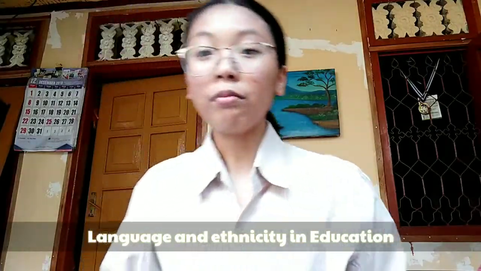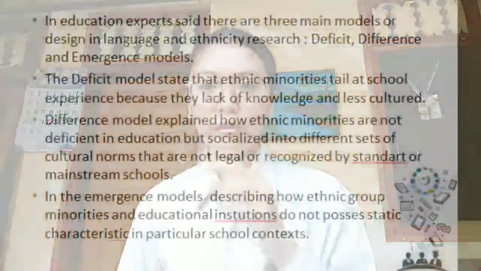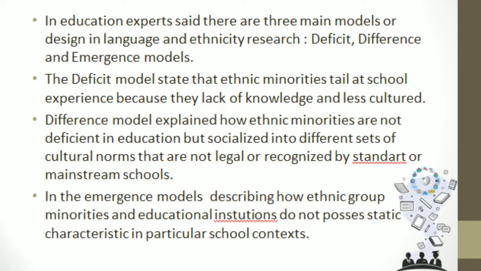The next material is about language and ethnicity in education. In education, experts say there are three models or designs in language and ethnicity research: deficit, difference, and emergence models.